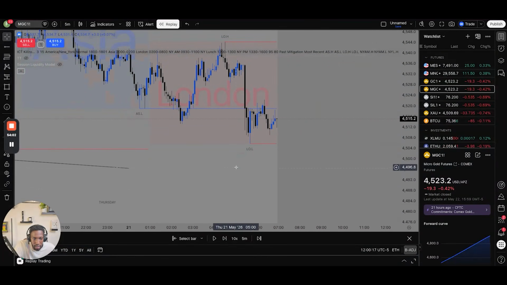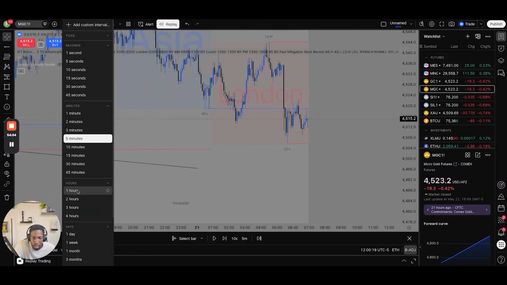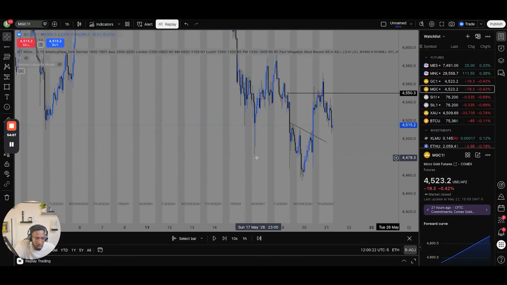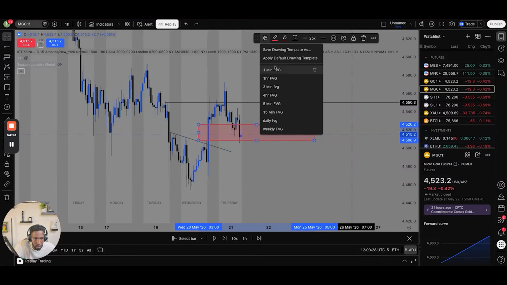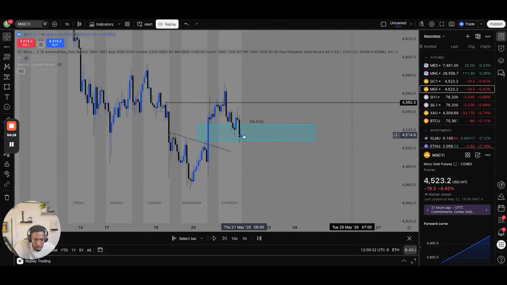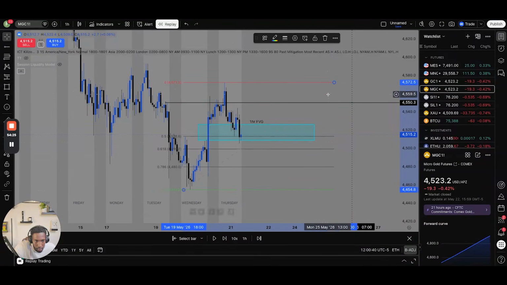This week definitely was not an easy week. This looks like it's holding. Look at that, holding discount perfectly. That's the 0.5.